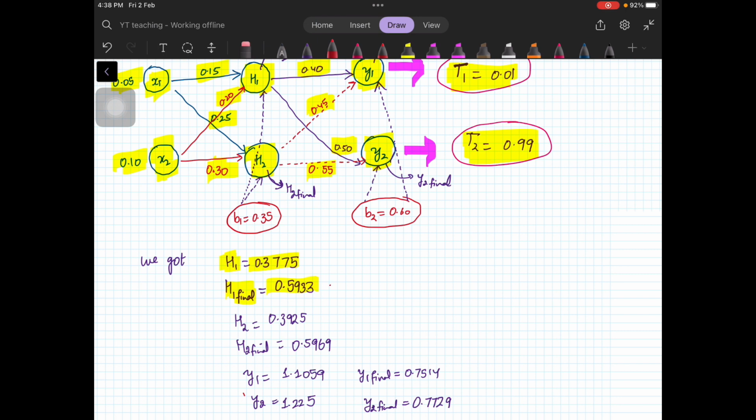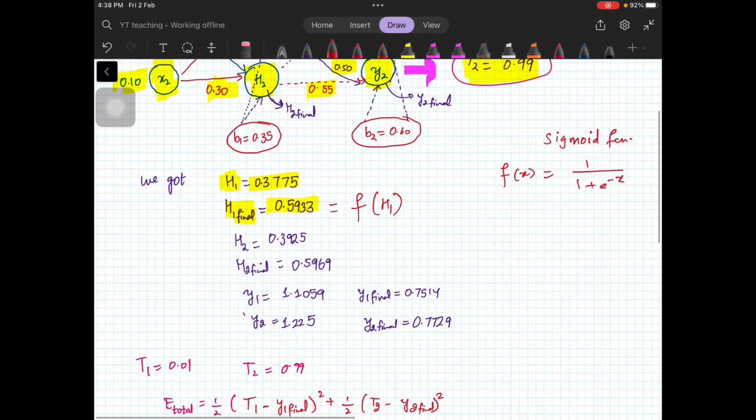H1 final is the activation function operating on h1, and the activation function we took is our sigmoid function, 1 over 1 plus e raised to minus x. The h2 value was this one, h2 final was this one, this is our y1, this is our y2, this is y1 final and y2 final.